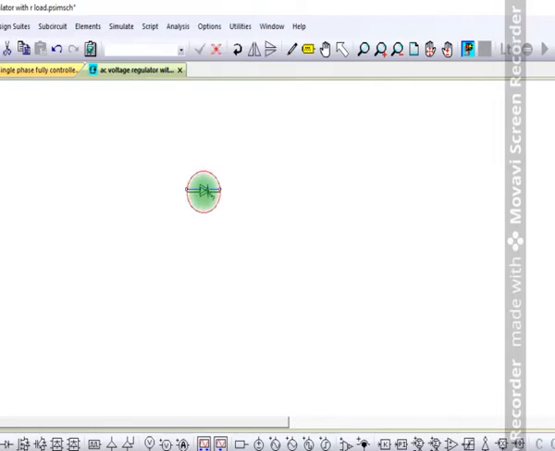This is a forward direction, and then we just rotate it for reverse direction. So we need to make it anti-parallel, and then these two have to be connected like this, from here to here, and like this, you just need to connect it.